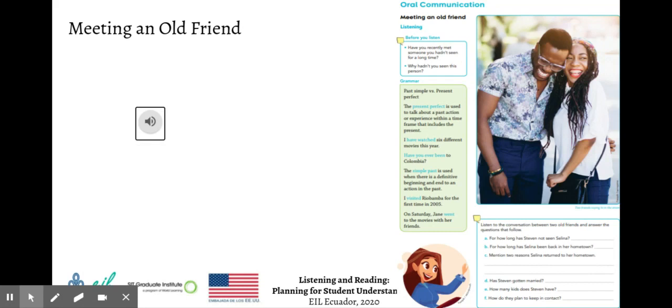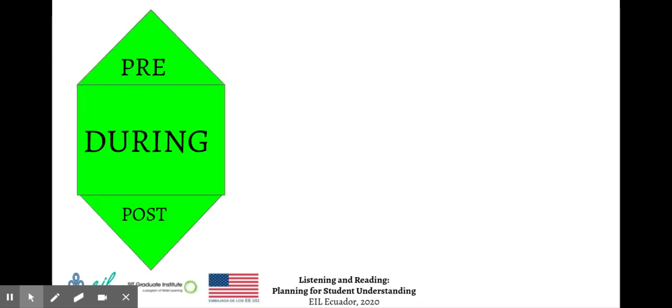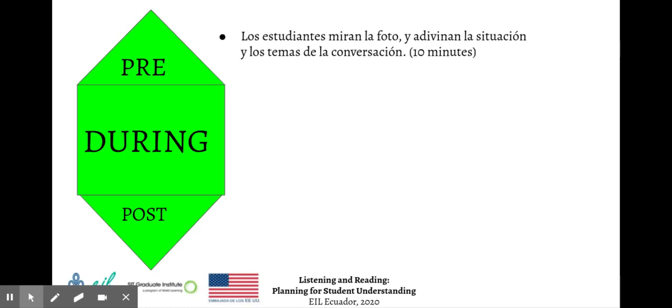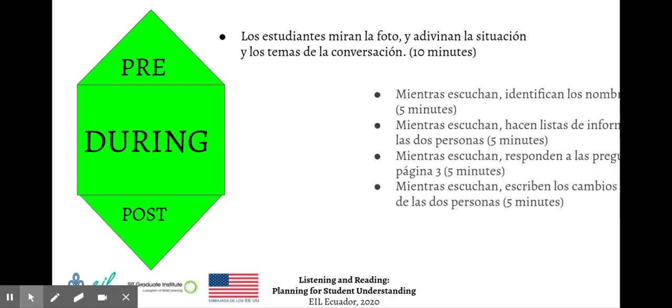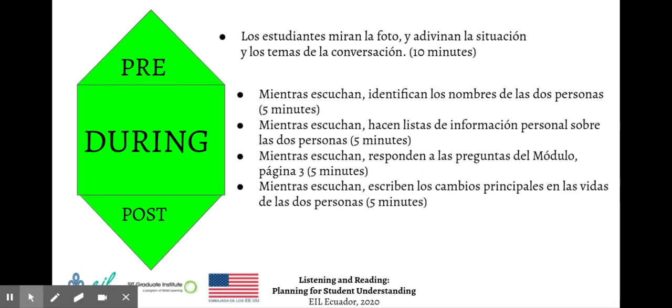All right. Now, if that was enough to give you an idea what we're looking at, let's go ahead and look at the lesson plan. So again, we have a pre, during, and post structure with a slightly longer pre-activity, but still relatively short, and then 4 during activities, each one getting a little deeper until we get to the last during, which is that they will write the main changes in the lives of these two people.